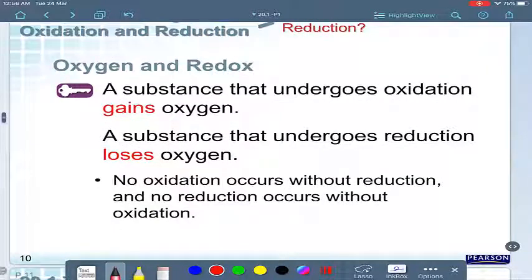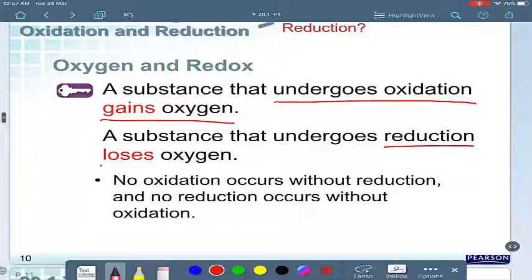If you have a substance that undergoes oxidation, it means it gains oxygen. If you have a substance that undergoes reduction, it means it loses oxygen.